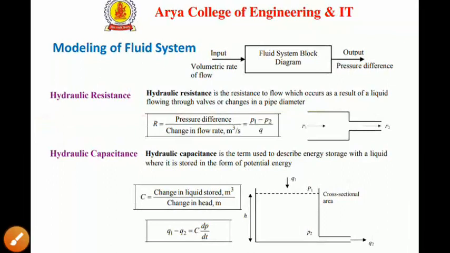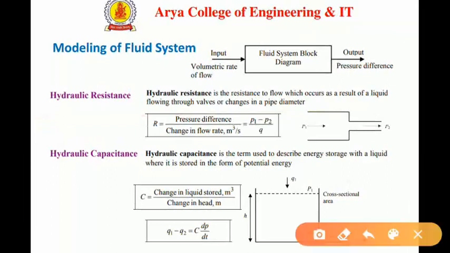So let's start with the hydraulic resistance. Hydraulic resistance is the resistance to flow which occurs as a result of liquid flowing through valves or changes in a pipe diameter. If we are applying valves at the pipe, then it also shows hydraulic resistance, and if there is a change in a pipe diameter, then there is also a hydraulic resistance.